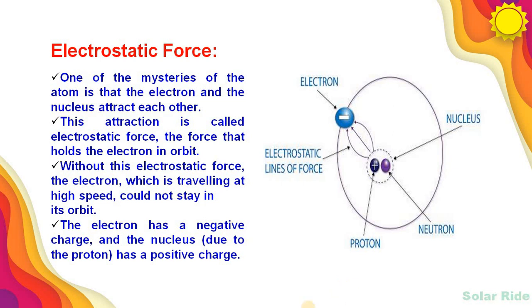The electron has a negative charge and the nucleus, due to the proton, has a positive charge. Here the electron is surrounding the nucleus. These lines are called electrostatic force, or electrostatic lines of force. This mechanism happens in a solar cell.